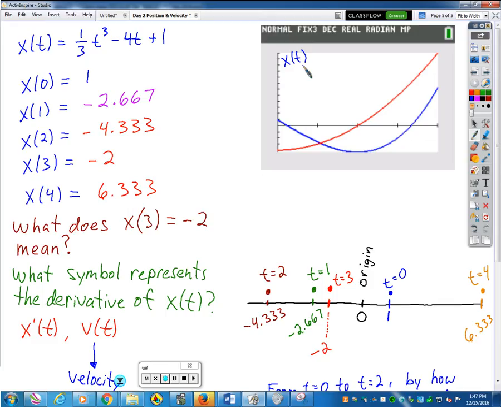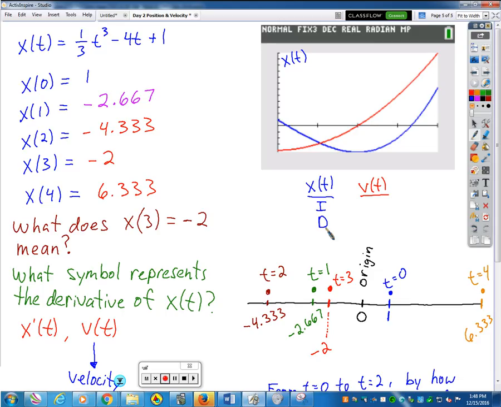For example, we can build a chart like this. Do this in your notes, please. x of t, v of t. And let's see, x of t increasing, x of t decreasing. Someone tell me what will belong here.